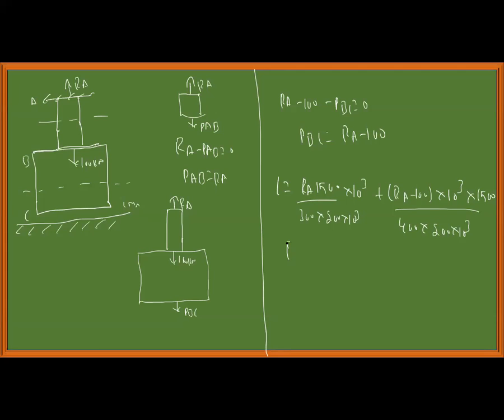Now tell me what is RA. Since there is no contact between this section and this RB, even though I took that RB is coming into contact, we did the mistake. That should not be taken. This is how this problem has to be proceeded.